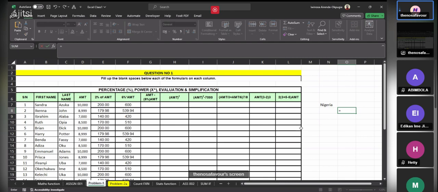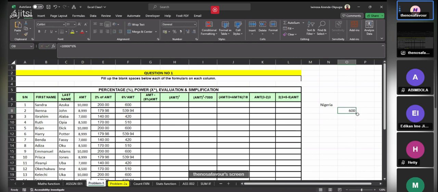Now, when Temitope gave us the formula, she told us to say equals 10,000 times 6%.